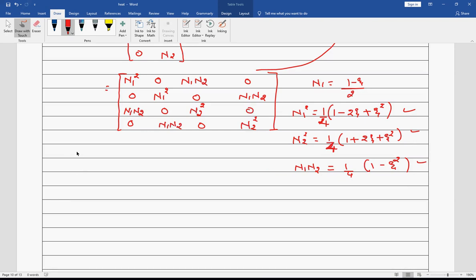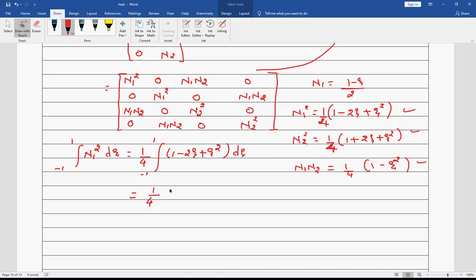Now I can go for integration. So the integral of N1 square dxi from minus 1 to 1 gives me 1 by 4 times the integral from minus 1 to 1 of (1 minus 2 xi plus xi square) dxi.